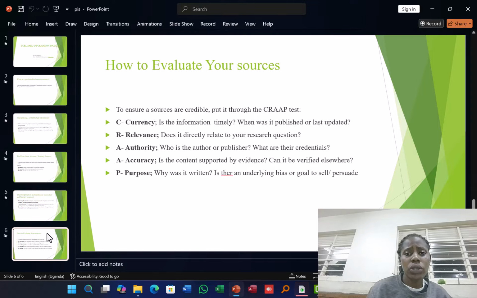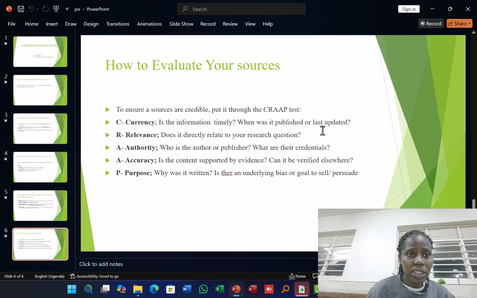Then, how to evaluate your sources. To ensure sources are credible, put them through the CRAAP test. CRAAP, standing for currency. Currency: is the information timely, when was it published or last updated?